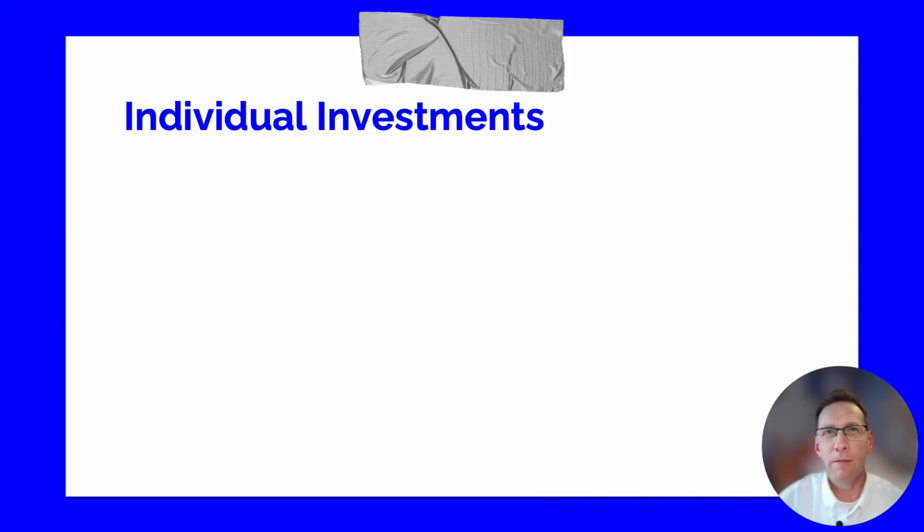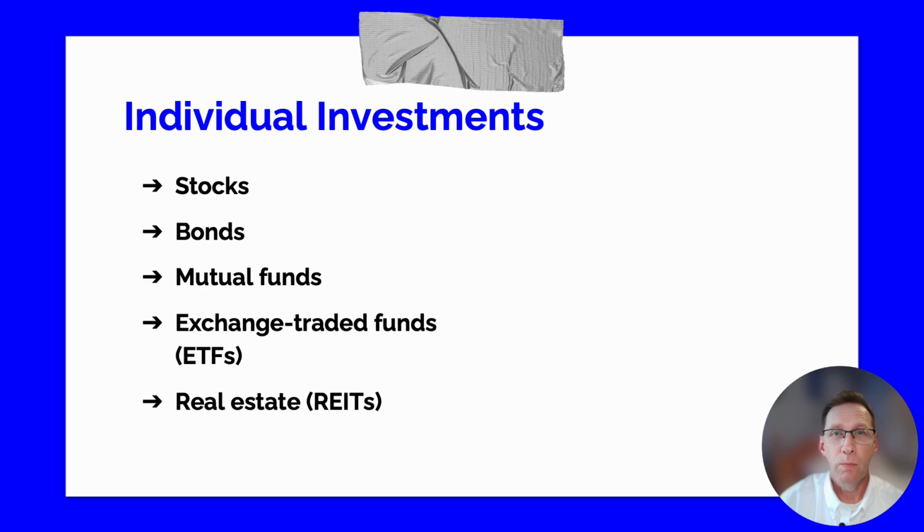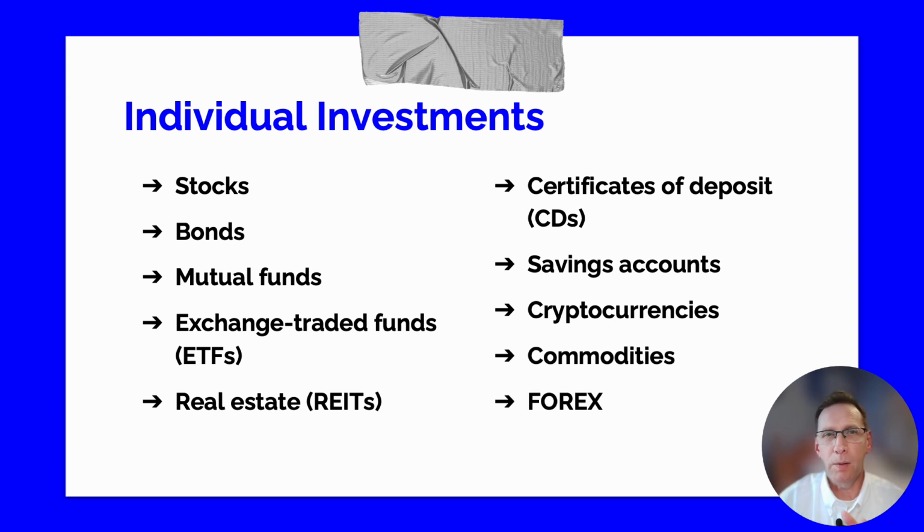So we're talking about individual investments, such as stocks, bonds, mutual funds, exchange-traded funds or ETFs, real estate, REITs, certificates of deposit, savings accounts, cryptocurrencies, commodities, and Forex. Now, some of these I discussed in lesson 7.7, so you can go back and look at some of the details on these.